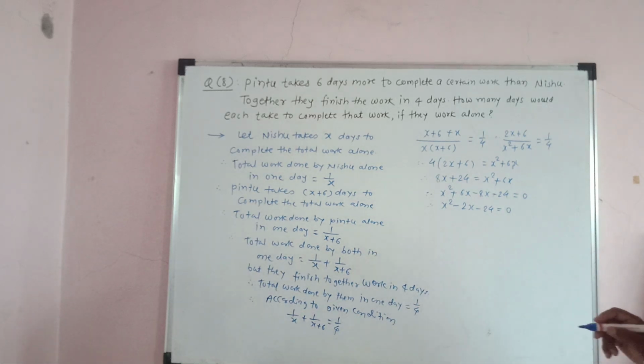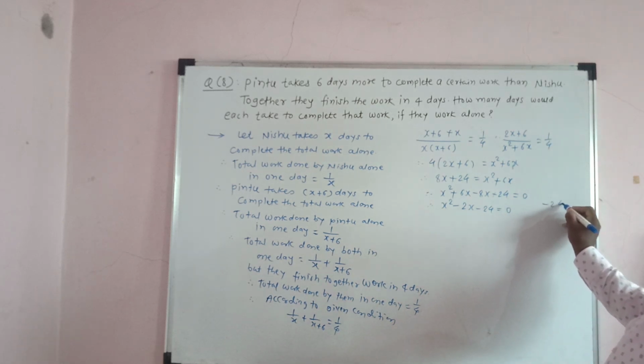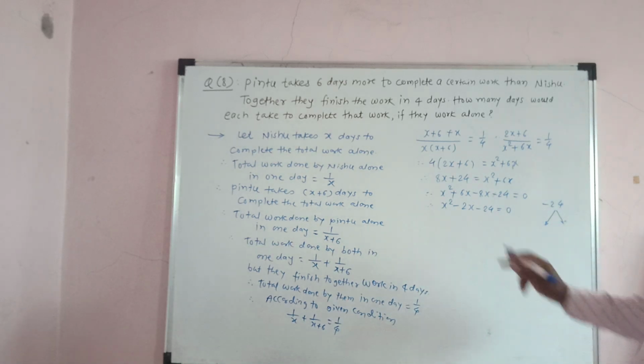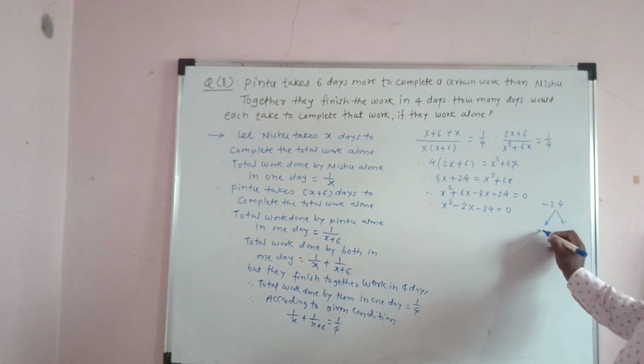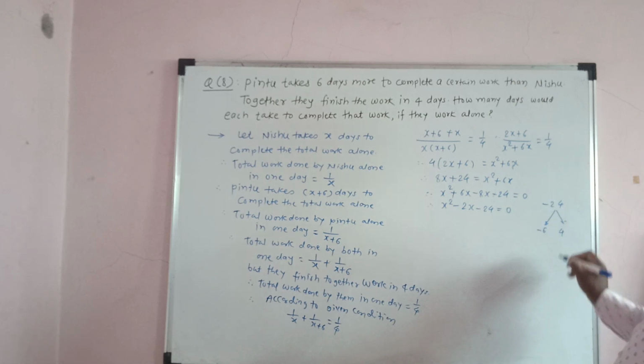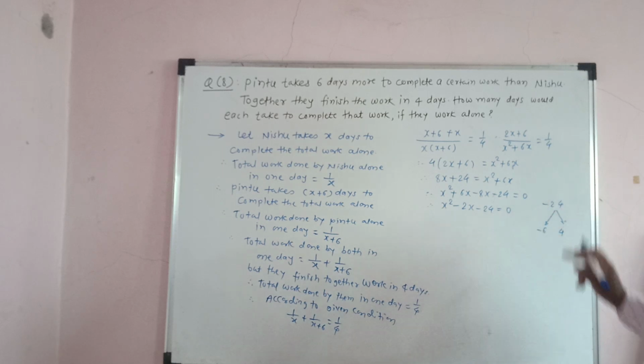Now find two numbers such that their multiplication is minus 24 and their addition is minus 2. So the numbers are minus 6 and plus 4. Minus 6 into 4 is minus 24, and minus 6 plus 4 is minus 2.